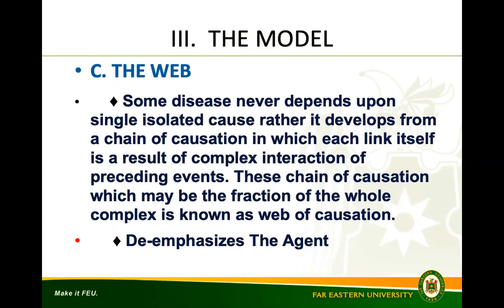Rather, it develops from a chain of infection in which each link itself is a result of complex interaction of preceding events. No? So again, this chain of causation may be the fraction of the whole complex, which is known as the web of causation. Now, the web again de-emphasizes the role of the agent in causing the disease. So we choose which is which, the lever, the web, or the wheel. All right?